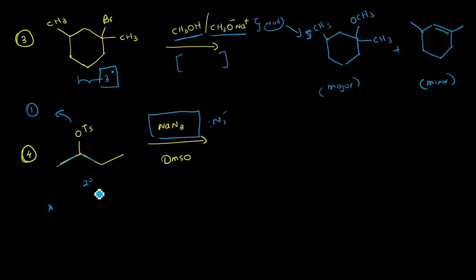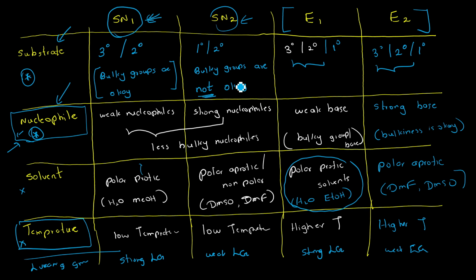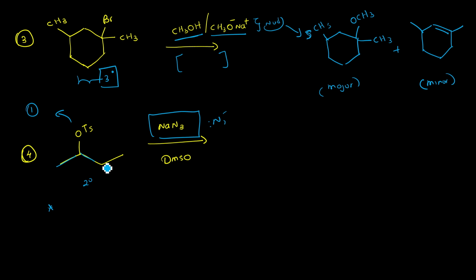Now we have a secondary structure, which means we have a substitution. This cannot be elimination because of this less bulky group. This can easily go through our molecule. So I would say in this case we can go for substitution.